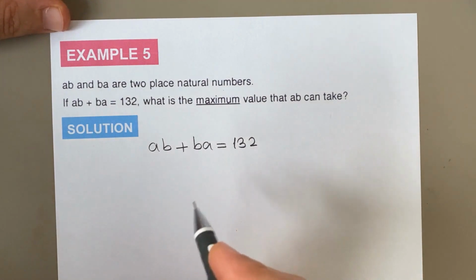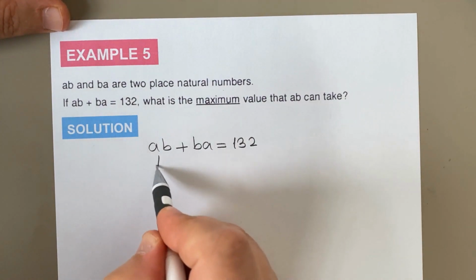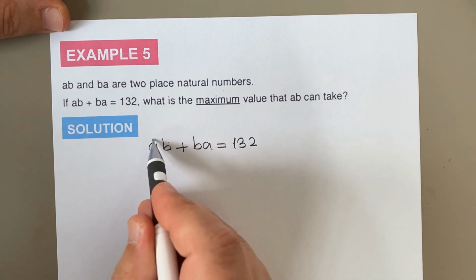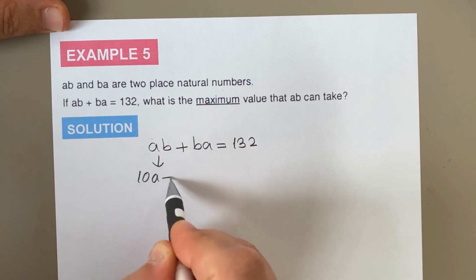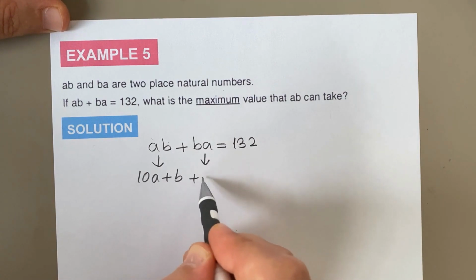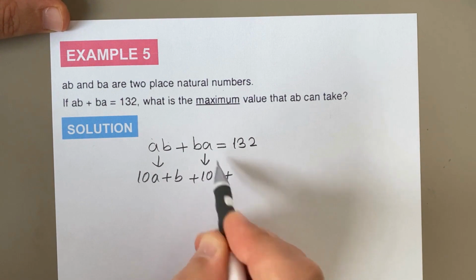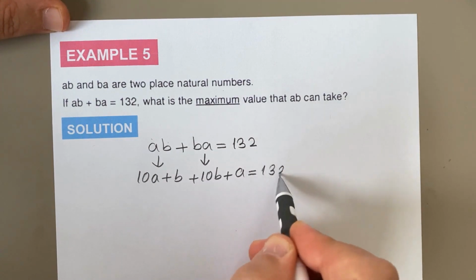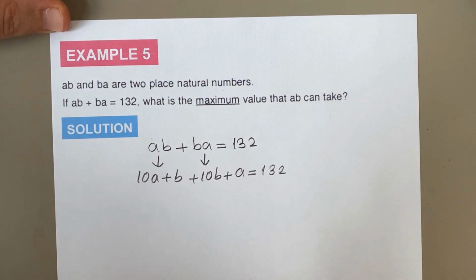132. Now, when we break this down, how are we going to write it? This is the units place, and this is the tens place. Tens plus ones. While doing this, I wrote it as 10B plus A. Now pay attention.